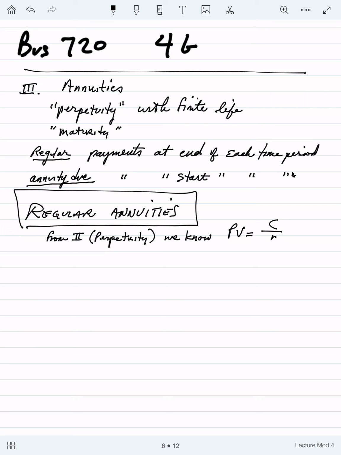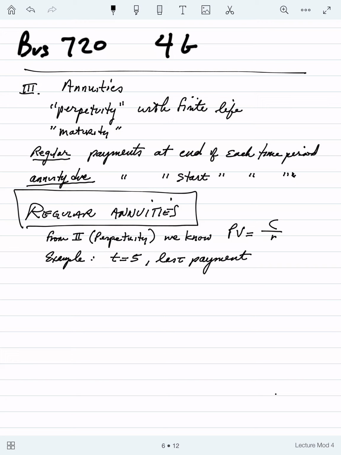Now let's say this is an equal payment, received through a last payment at the end of time period t equals 5. So right at t equals 5, the last payment in the annuity happens.